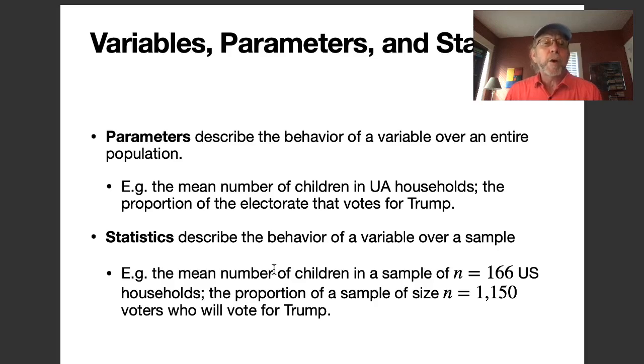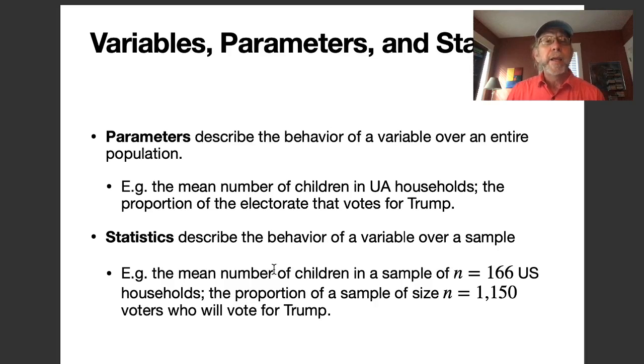So, for instance, if our population were USA households, we might be interested in the variable that counts the number of children in each household. And once we focus on that variable, we could then ask, well, what's the average number of children in households across the USA? And that would be a parameter because it describes the whole population.